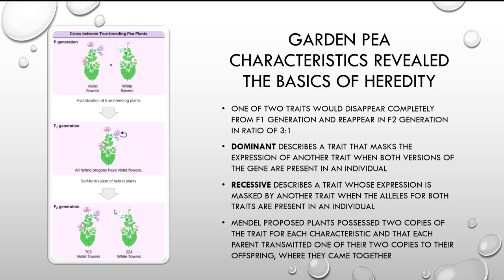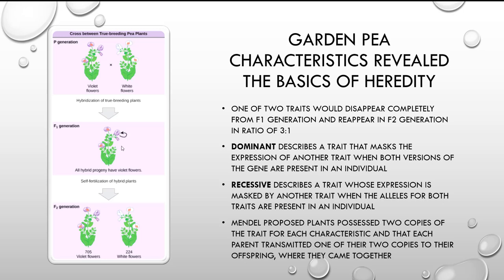Based on that information, he found that there is a dominant trait that masks the expression of a recessive trait. The dominant trait describes a trait that masks the expression of another trait when both versions are present. So in the F1 generation, both versions must be present.